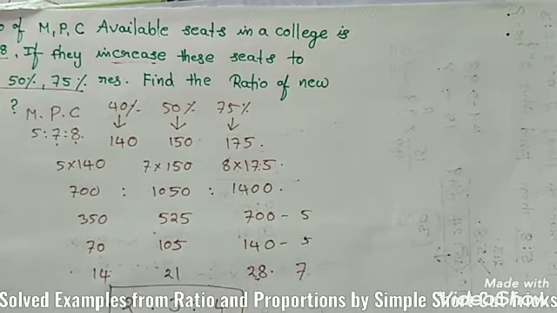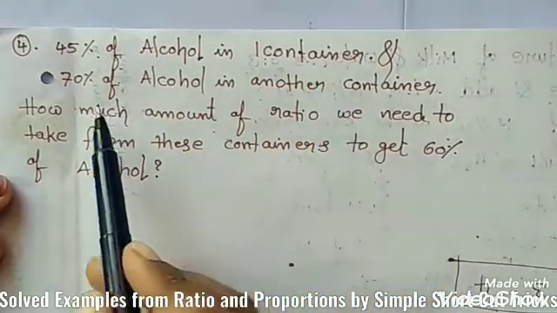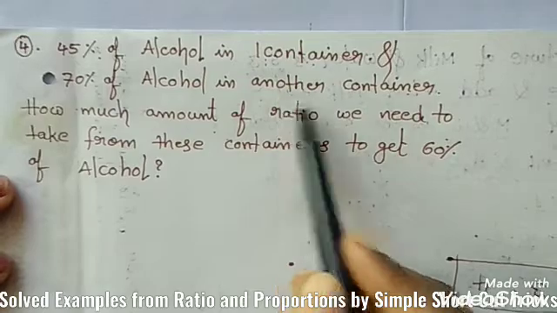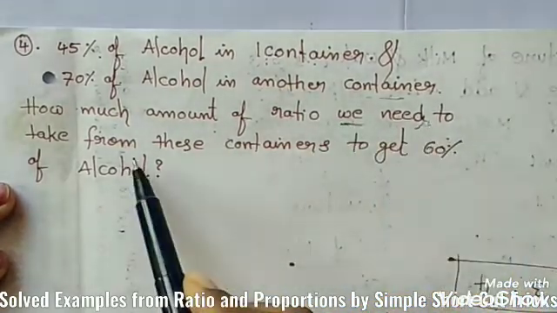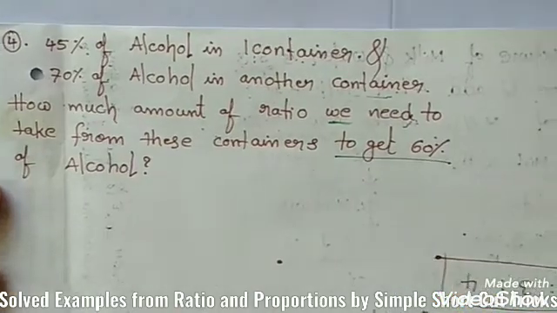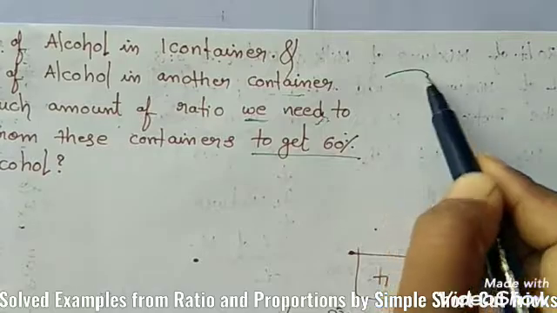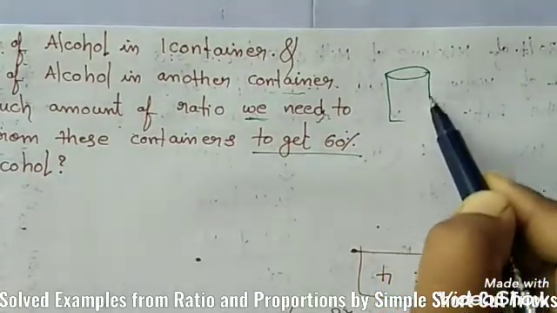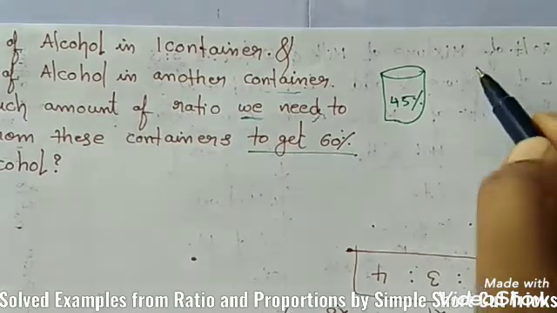Let us see question number 4. 45% of alcohol in one container and 70% of alcohol in another container. In what ratio do we need to take from these containers to get 60% of alcohol? Here is the question you have to understand. First of all, here is one container which is having 45% of alcohol.